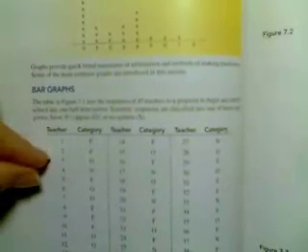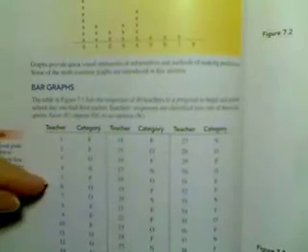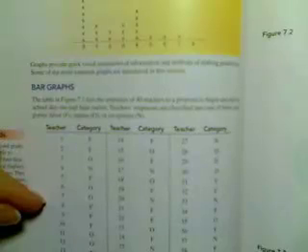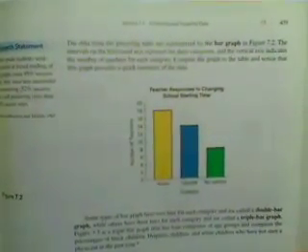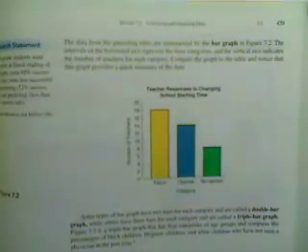If we leave this information in a table as it is written here, we find that it's hard for us to tell how many are in favor and how many are opposed. So by organizing that information into a bar graph, it makes it very easy for us to judge those in favor, those opposed, those with no opinion.